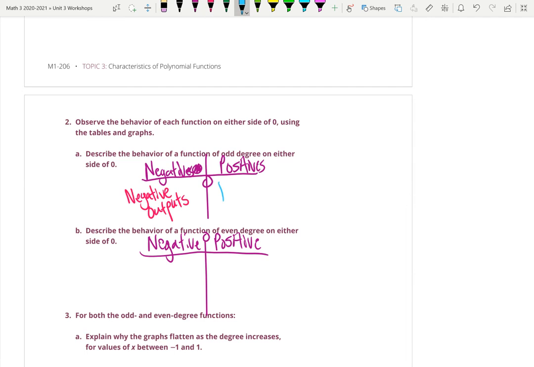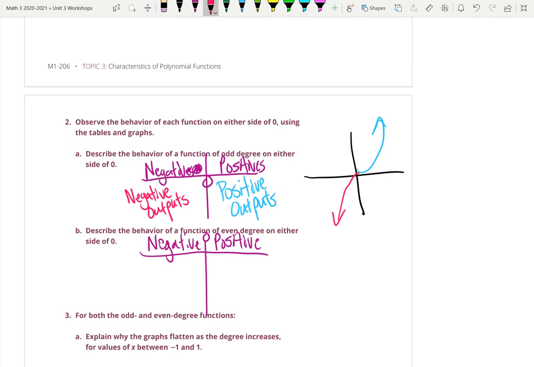Here, positive outputs. This creates the graph. If I'm just trying to sketch an odd degree, it's going to look something like going from a negative output to 0 and then becoming a positive output.